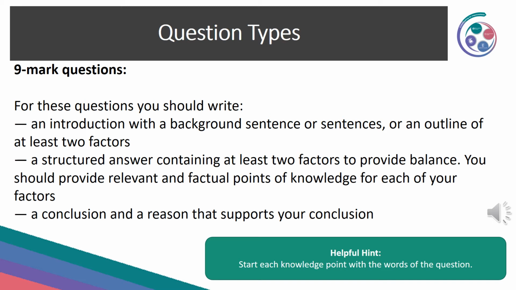The knowledge points themselves should provide relevant and factual points of knowledge for each of the factors. Remember that there's 5 marks available for knowledge, so this can be 5 straightforward points or a combination of straightforward facts and developed points. Your 9-mark answer should also include a conclusion.